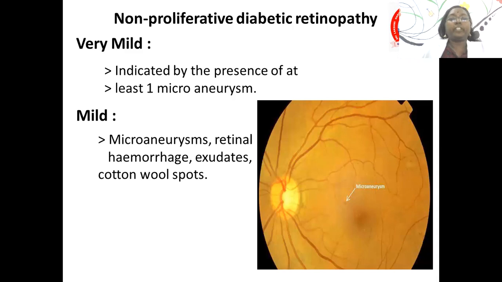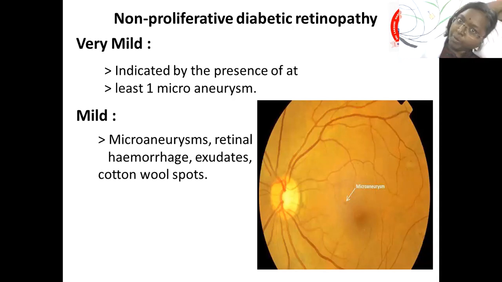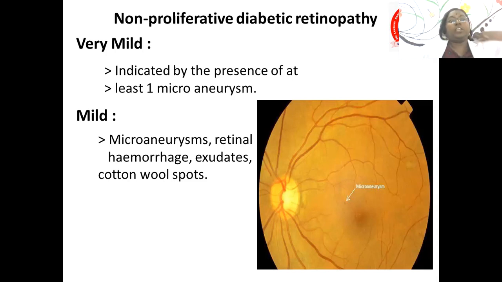So, what are the findings we see in non-proliferative diabetic retinopathy? In very mild NPDR, you can see at least one microaneurysm. In mild NPDR, microaneurysms are seen. Diabetic retinal hemorrhages, that is, dot and blot hemorrhages, are seen.